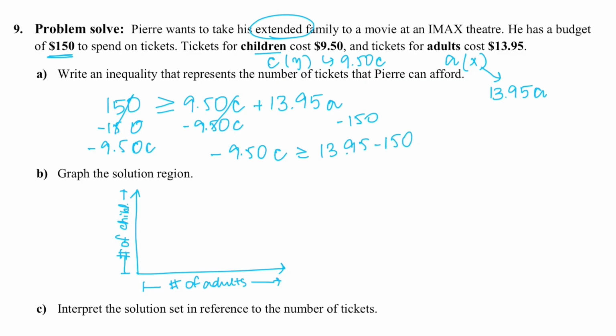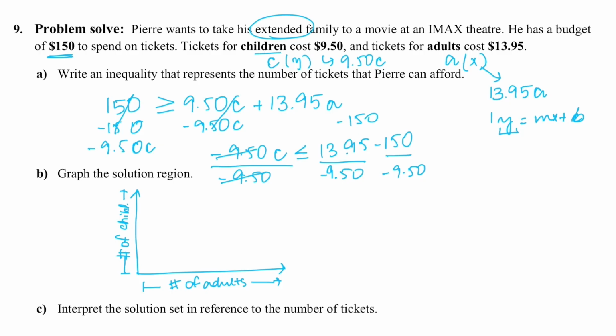Now, because I want it in slope form, y equals mx plus b, I want y with a coefficient of 1. So divide by negative 9.50 on both sides. Now, because I'm dividing by a negative number, I need to switch my sign. Don't forget to do that, okay?